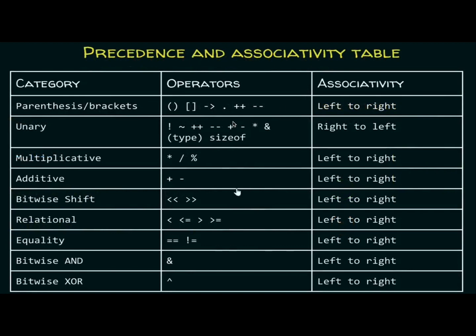The topmost operators have the highest precedence among all the operators in the table, and the bottommost has the least precedence. As it goes down, they lose their precedence until it comes to the last one.